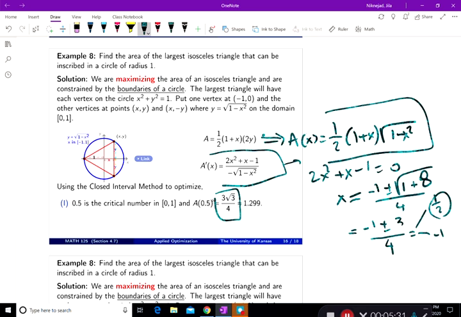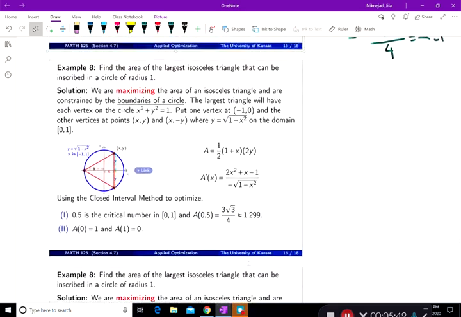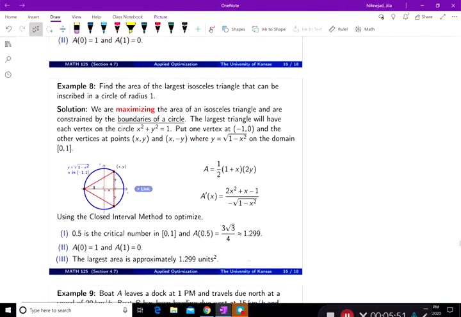And since plugging in 0 and 1 is not going to give a bigger number, and negative 1 is not going to give a bigger number, that's the biggest number that we get, and that's the maximum area. So the largest area is approximately that much.